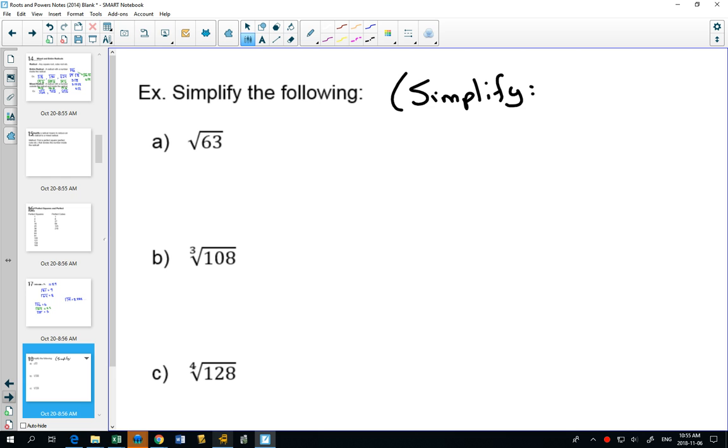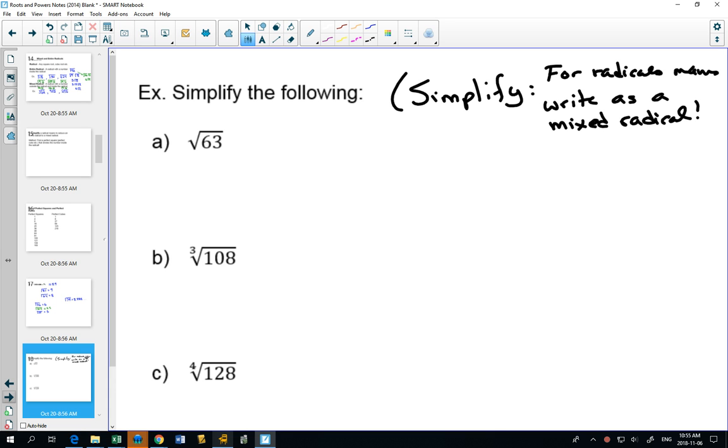Right? Simplify for radicals, and we had this before, means that we need to write as a mixed radical. If you think about it, you have had the word simplify in math a lot already. You had simplify for fractions.